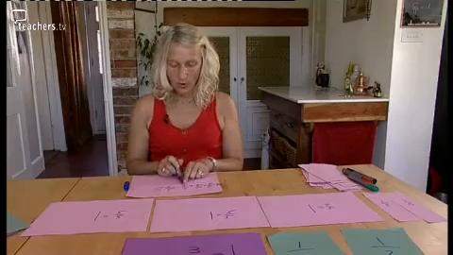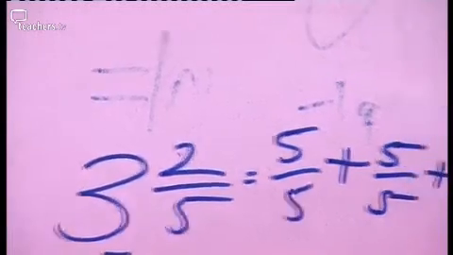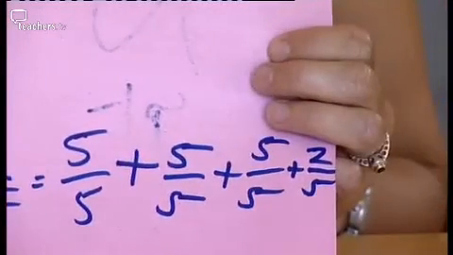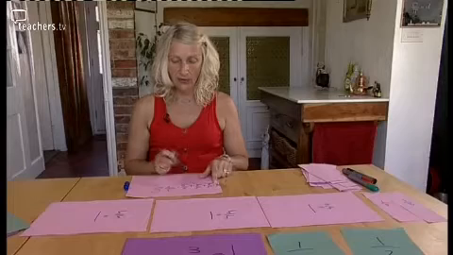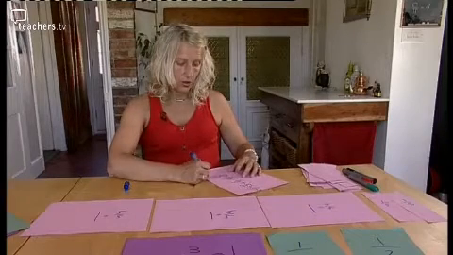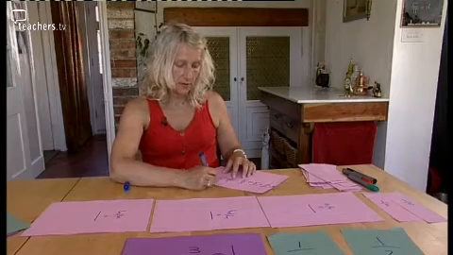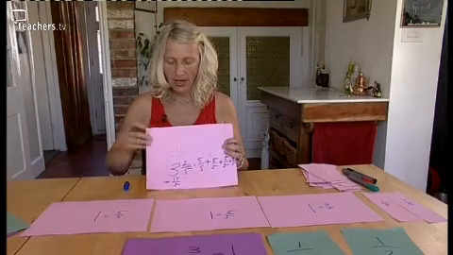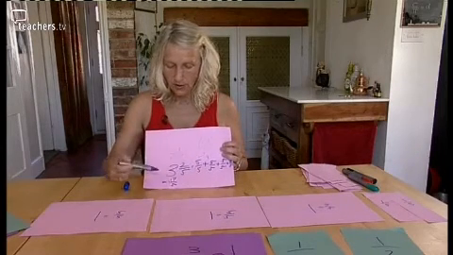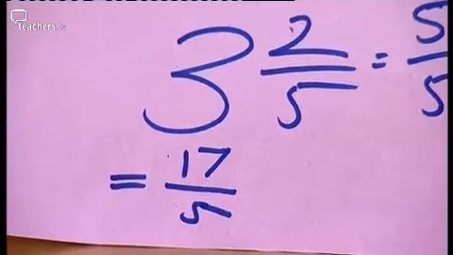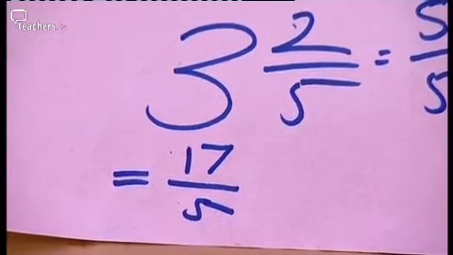So altogether we've got 5, 10, 15, 16, 17 fifths. So 3 and 2/5 is 17 fifths as a top-heavy fraction.